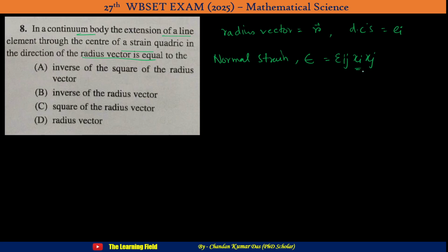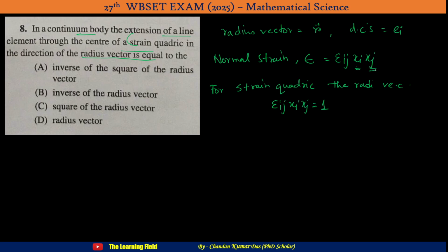Now for the strain quadric, the radius vector satisfies epsilon ij xi xj equal to 1.